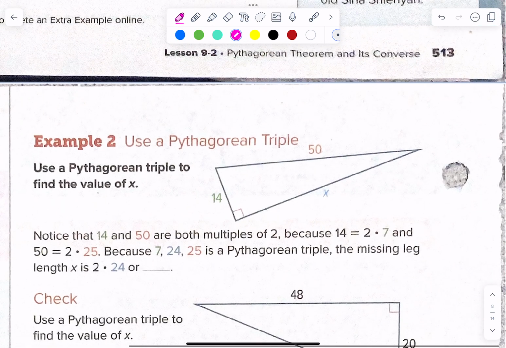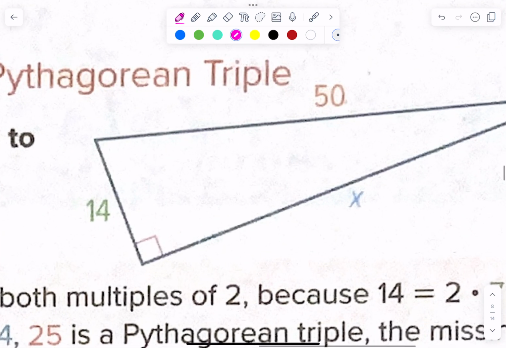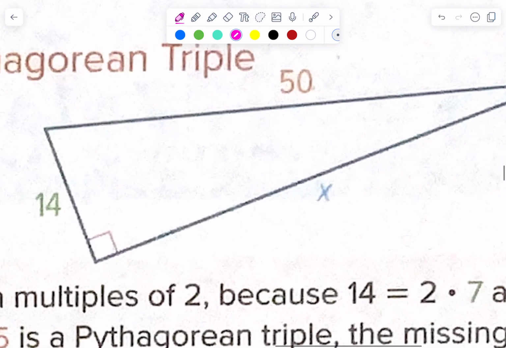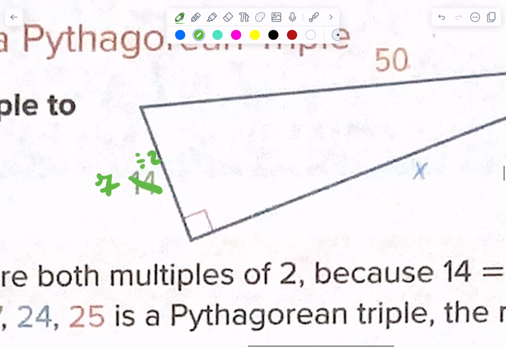Here's how it makes it easier to solve. Example 2: 14 and 50. Check those out. 14 and 50 will reduce. Yeah? If I divide by 2, 14 becomes 7. If I divide by 2 here, 50 becomes 25.